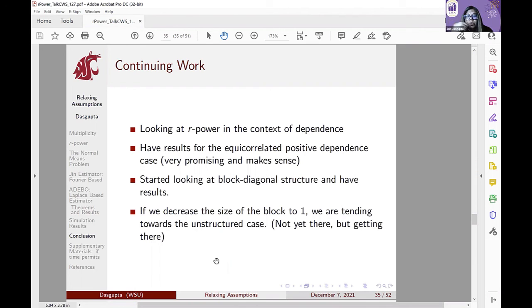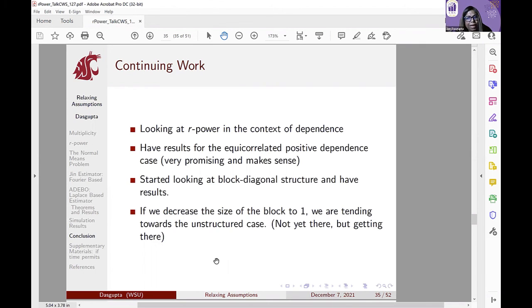The moment you go into dependence, there could be so many structures. So we started with the simplest, the equicorrelated case: they are not independent, but all of them are equally correlated to each other. Is it practical? No. But we decided it was a small step in the direction of dependence. So we did that, and we have some results already for this structure.